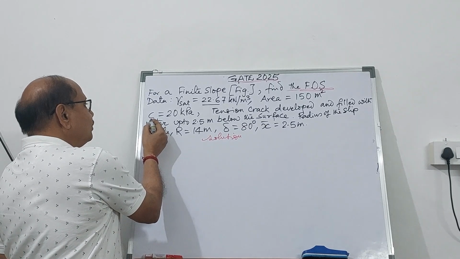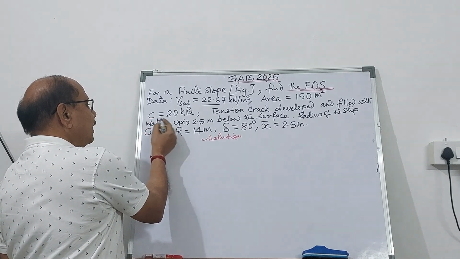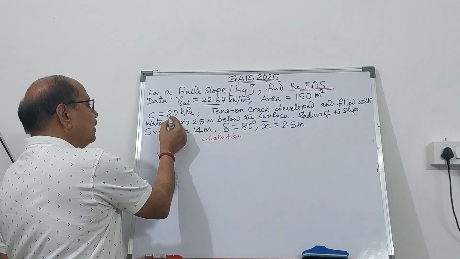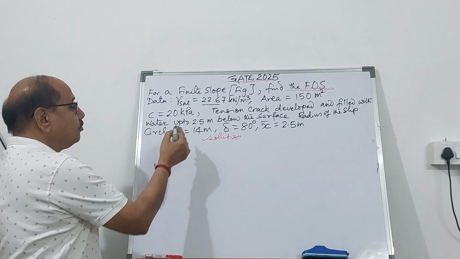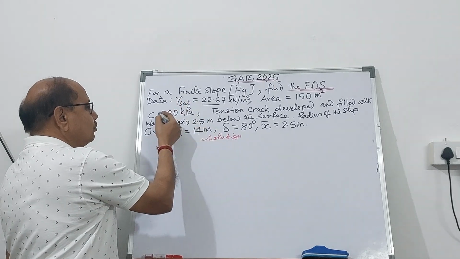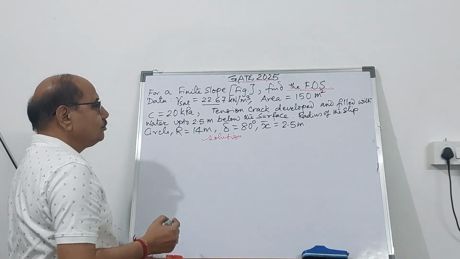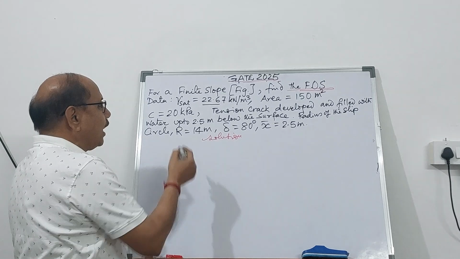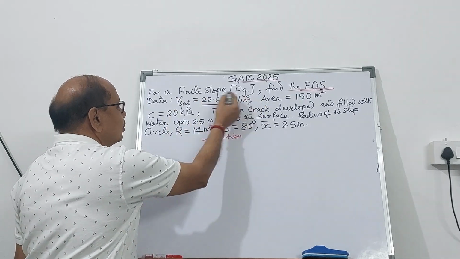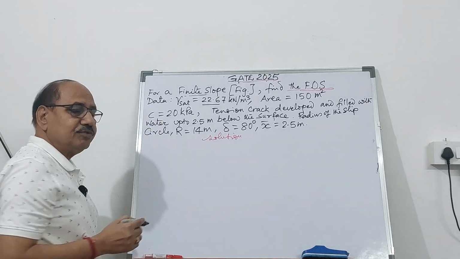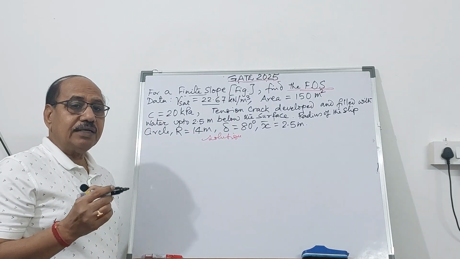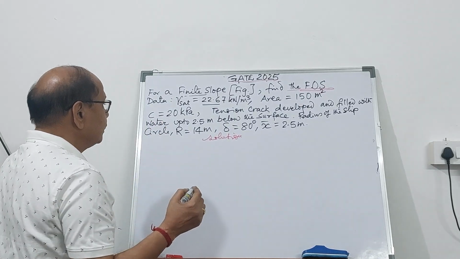The properties of the ground, C cohesion parameter, is given to you as 20 kilopascal, and because it is fully saturated and cohesive in nature, you can find out the factor of safety of the finite slope for purely cohesive soil by phi u equal to 0 analysis.